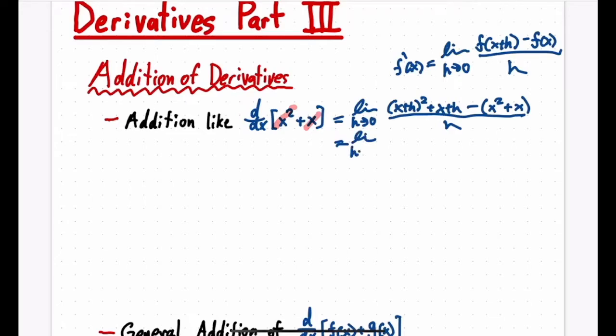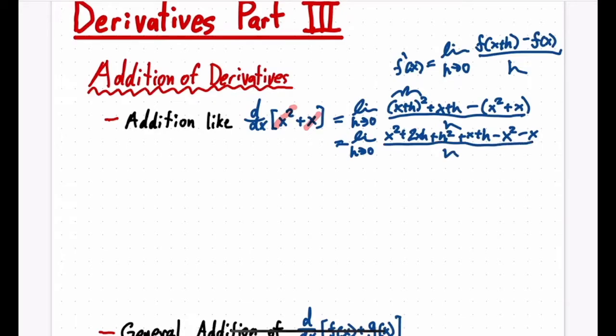So we have that limit sign. We can simplify this, factor out that x plus h squared, and this becomes x squared plus 2xh plus h squared plus x plus h minus x squared, and distribute that minus sign, minus x, all over h.